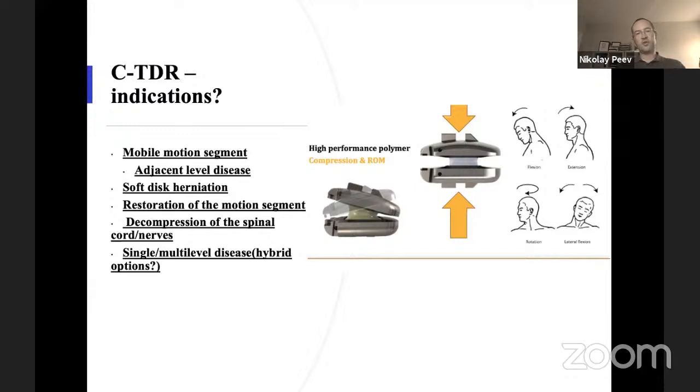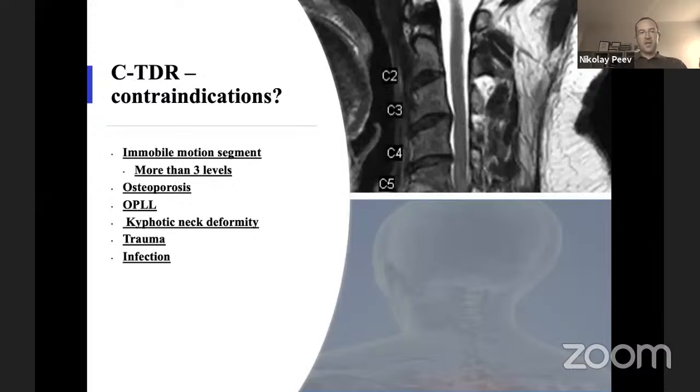One of the goals, of course, is decompression of the spinal cord and mostly the spinal nerves. Usually, if you are trying to do disc replacement over simple ACDF, you have to also consider how many levels you are doing, or you can use the hybrid options I have mentioned already. Contraindications, as I said, if you have more than 3 levels, in my practice, I would not go for pure disc replacement.